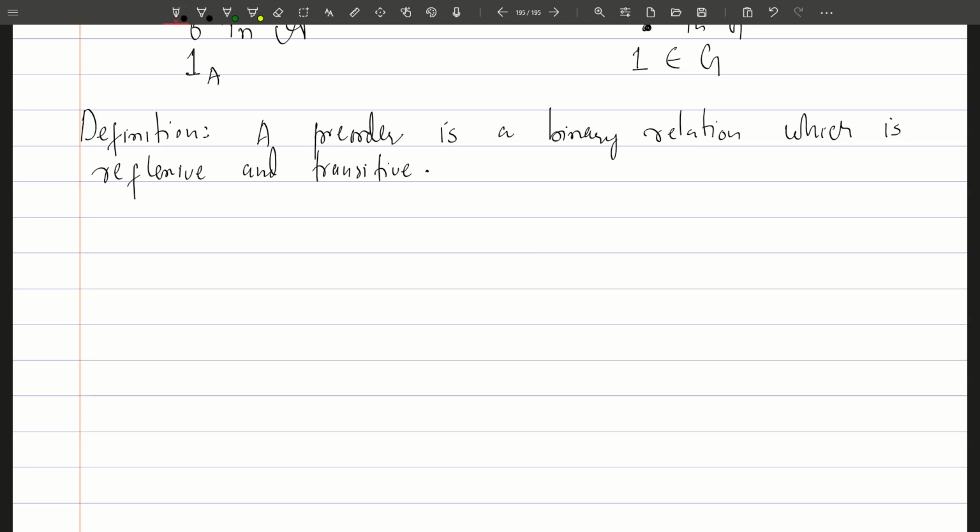A pre-ordered set, say S with less or equal sign, is a set S together with a pre-order less or equal on it.